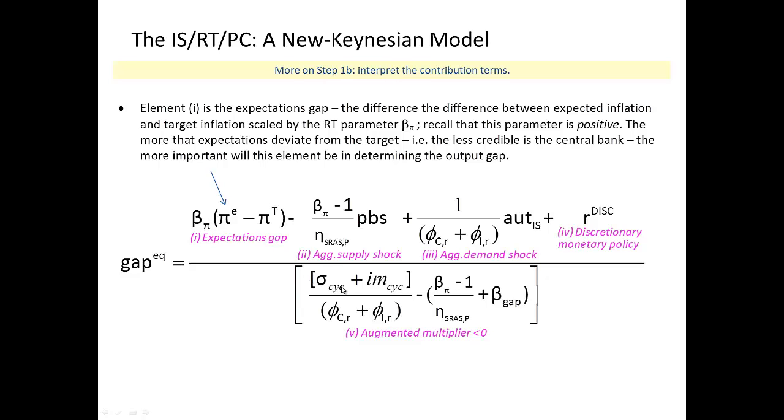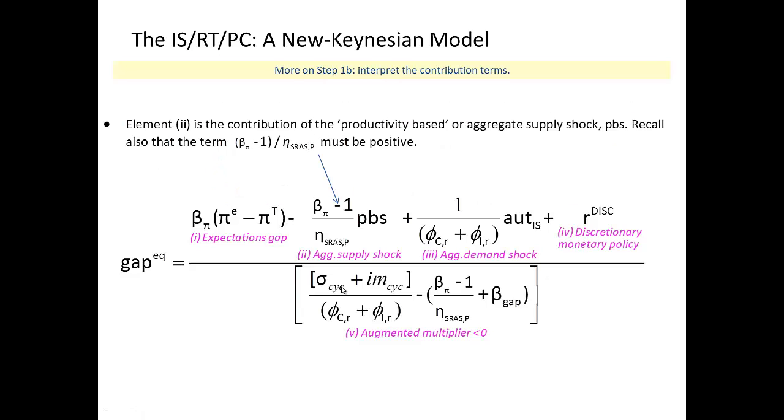So the effective expectations gap on net is negative. Now, let's look at the aggregate supply shock. We call this a productivity-based shock, PBS. And remember, once again, that beta pi minus 1, this whole term is positive, and this is negative. But your intuition should tell you that if you have an adverse shock to aggregate supply, the output gap should go down.